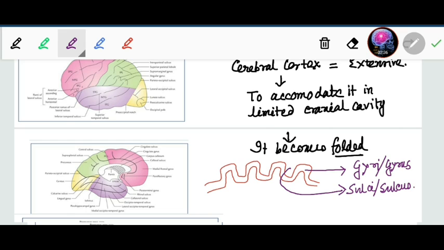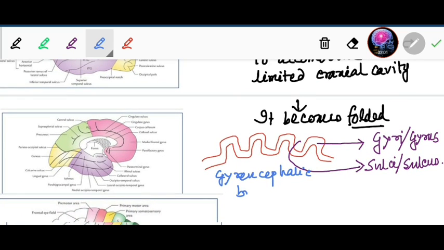A brain with such a convoluted cerebral cortex is called a gyrencephalic brain. So this kind of folded cortex leads to a gyrencephalic brain, while one with a smooth cortex without such folding is called lissencephalic.